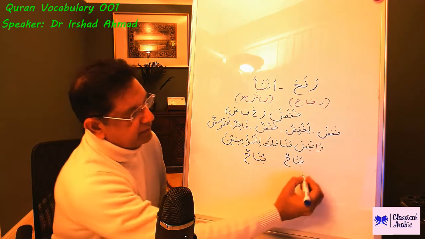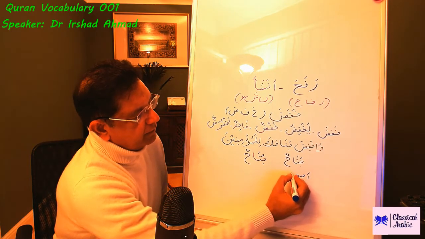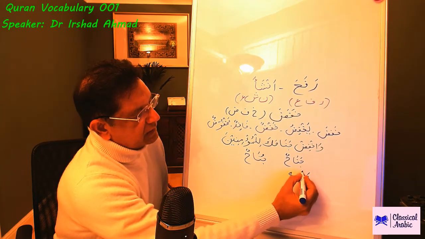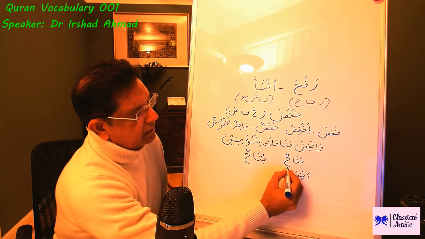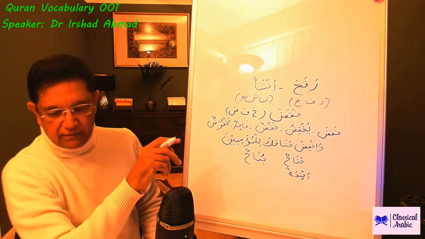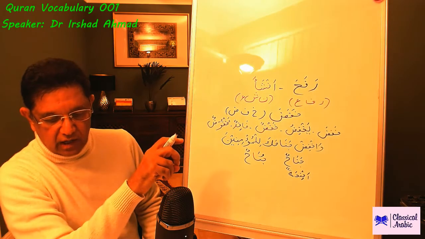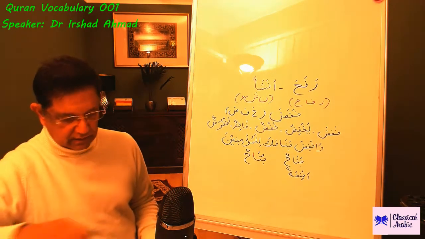Ajnihatun, jama mukassar. Ajnihatun. This doesn't have plural. And the part of the ayah is wala junaha alaykum. Write down here, wala junaha alaykum.